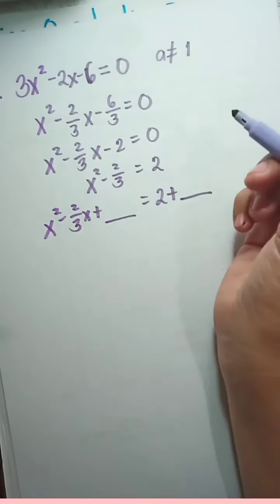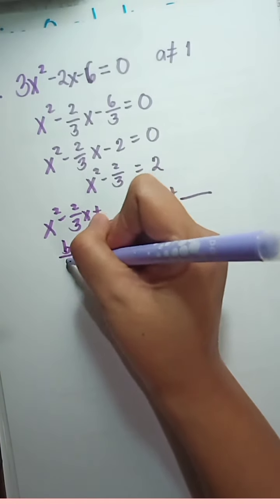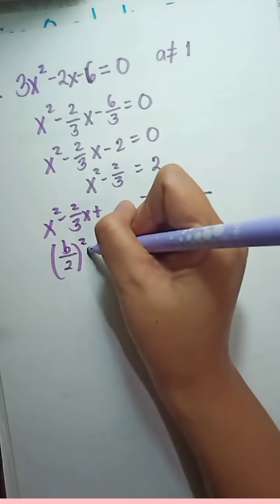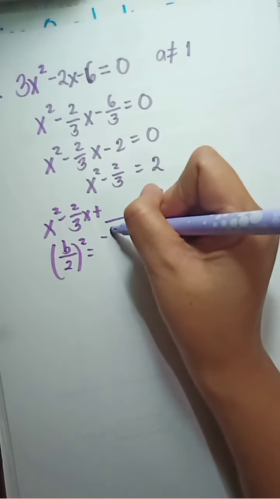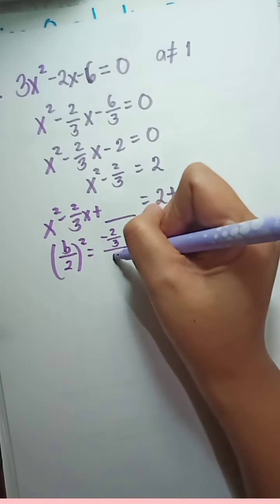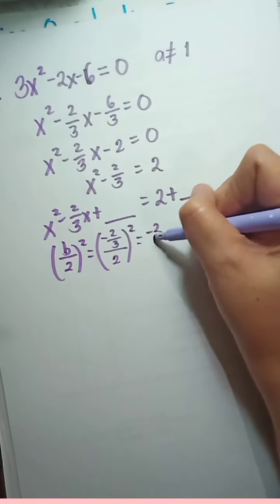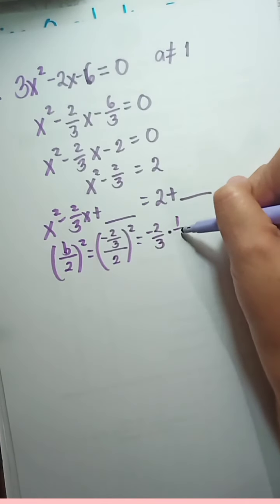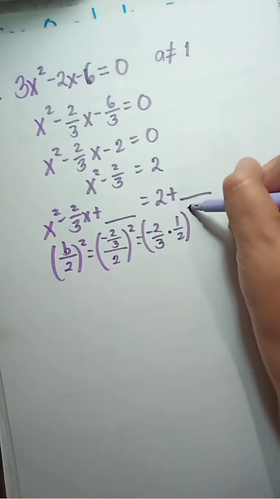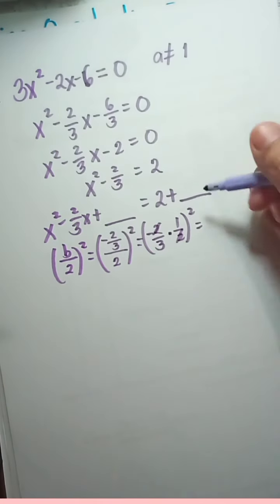So we have negative 2 thirds over 2 and then square it. If we are multiplying fractions, we have negative 2 thirds times the reciprocal of the denominator. So we cancel 2.